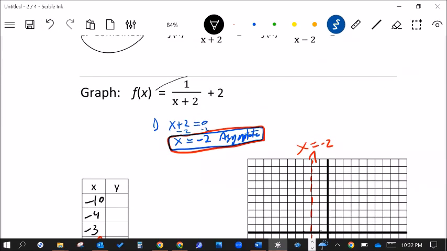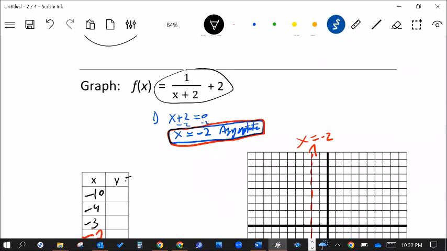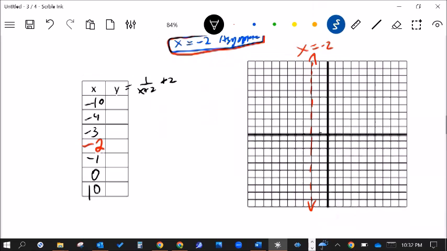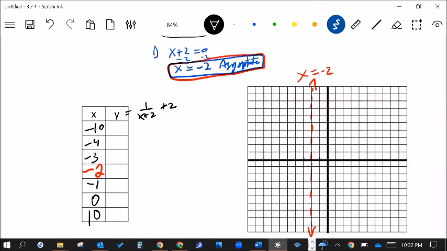So the graph of this again is this. So y equals 1 over x plus 2, and then a +2 out here. So if I put 10 in there, I get 1 over 12 plus 2, which is approximately 2.1. If I put -4 in there, I get 1 over -2.